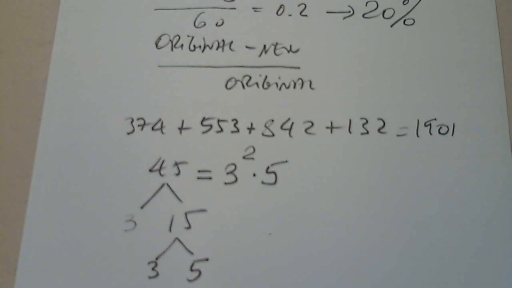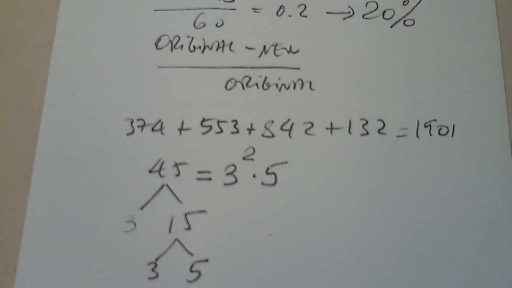Here I have to multiply first. So I have 18 plus 19, which is 27, and I have to multiply it by 19 plus 14, which is 33. So I multiply by 33. I get 891. So I have to perform the operations in parentheses first, and then multiply.